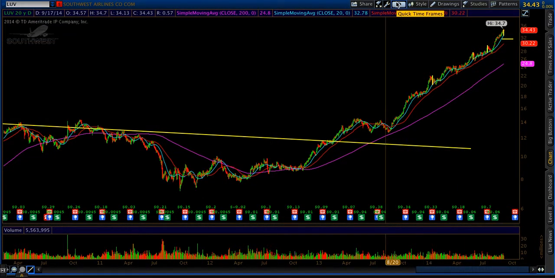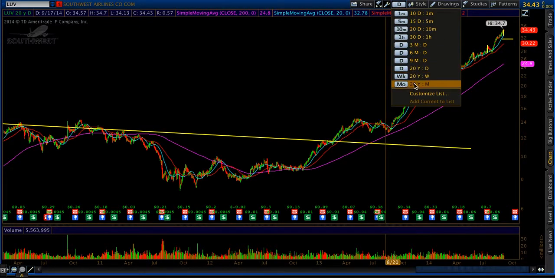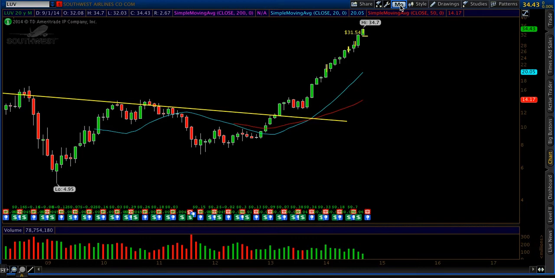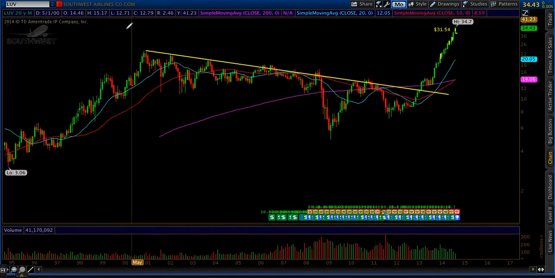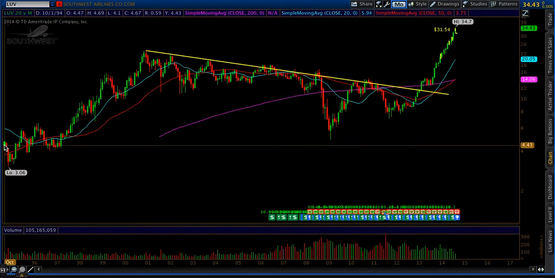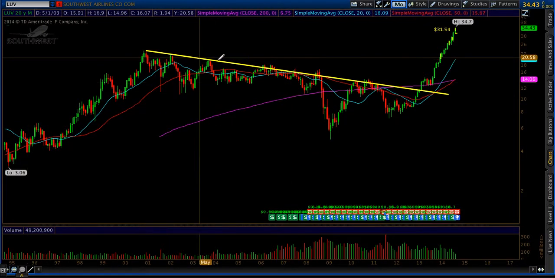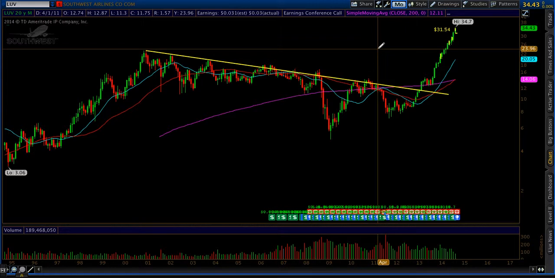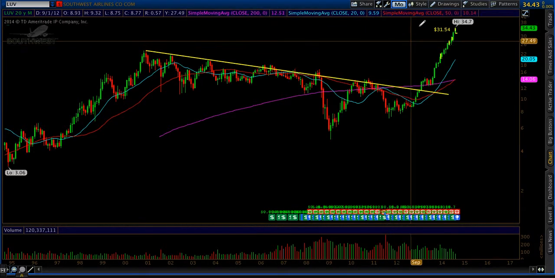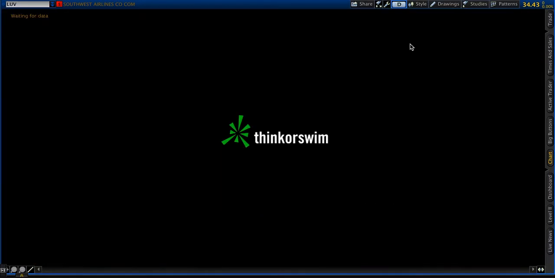So trying to find tops here is very difficult, because if I zoom out and look at the monthly chart, I don't have any other resistance levels to go off of. This only goes back to 1994, and that's it. As you can see here, this broke out to the upside. This year it's had a monster year, and right now, like I said, we are at all-time highs.